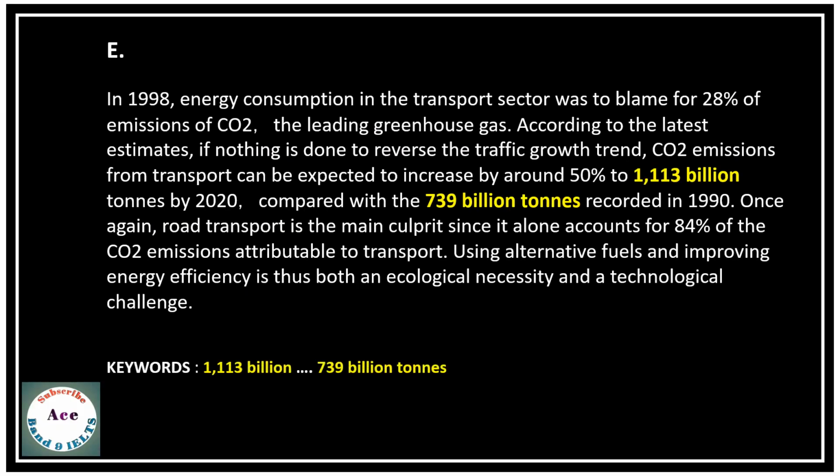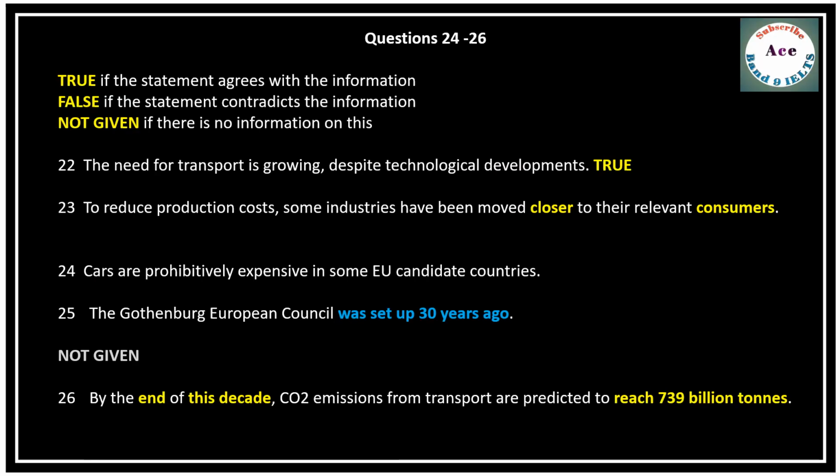Paragraph E has some other keywords which are present in the last question, that is question number 26, which says by the end of this decade, CO2 emissions from transport are predicted to reach 739 billion tons.